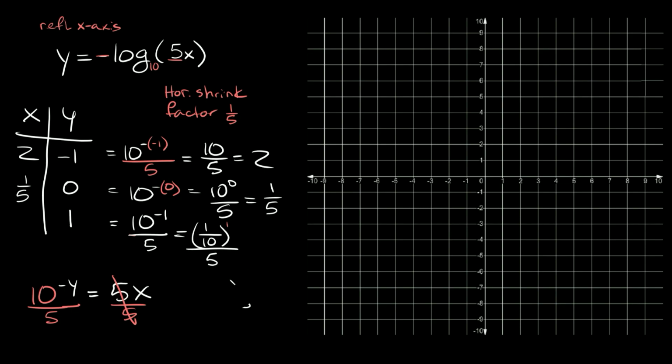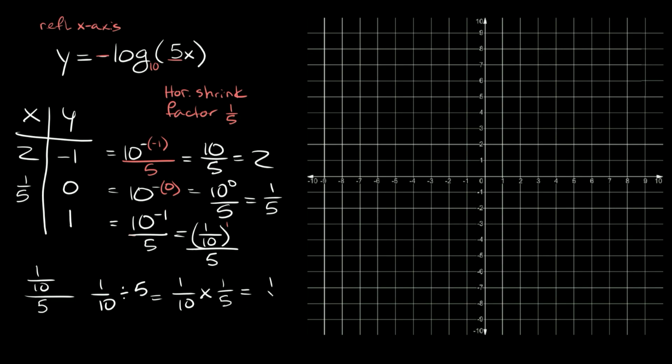Basically we have 1/10 divided by 5. Now, in order to divide by a fraction, you have to multiply by the reciprocal, right? So this is equal to 1 over 10 times the reciprocal of the second number, which is 1 over 5. So we get 1 over 50.